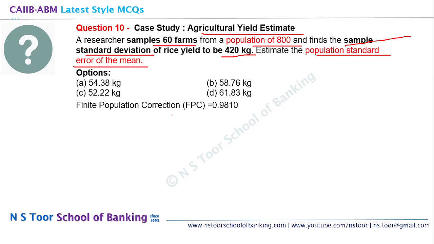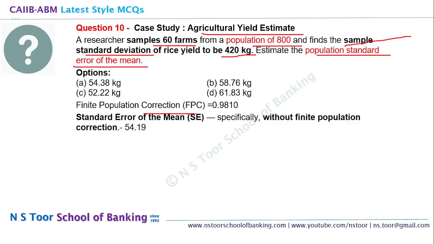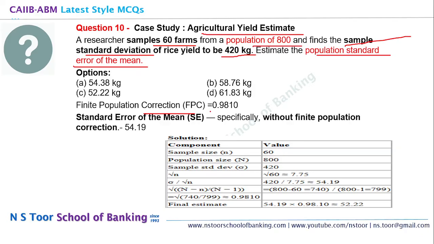So we have to find out the population standard error. For that purpose, firstly we have to calculate the finite population correction. How will we calculate the standard error without finite population correction?